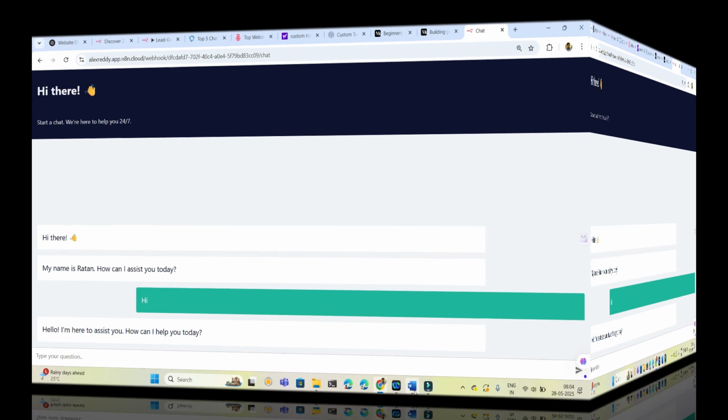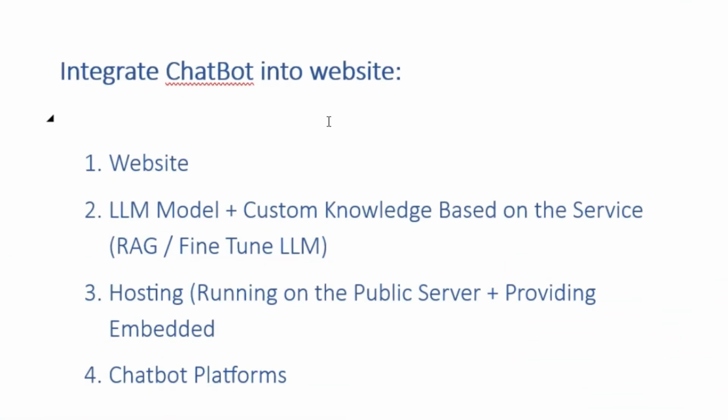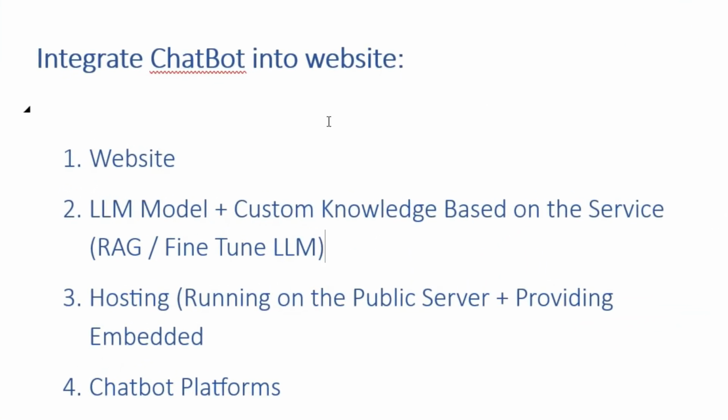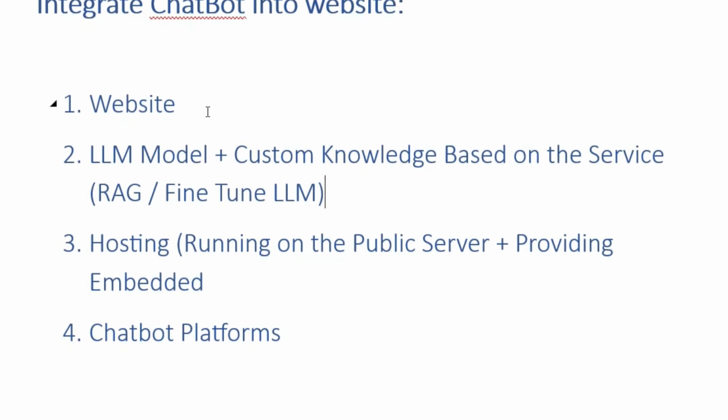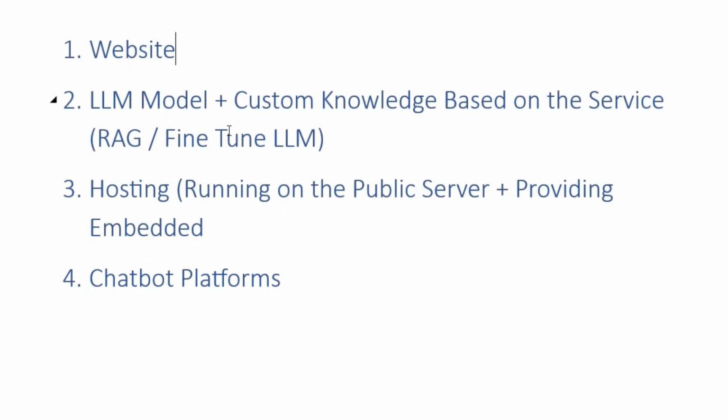In order to integrate a chatbot into your website, there are three main important things. The first one is a website. This is the most important one. The second one will be the large language model with a custom knowledge or the service you are providing, that we can do with the technical terms as a RAG or fine-tuning the LLM.